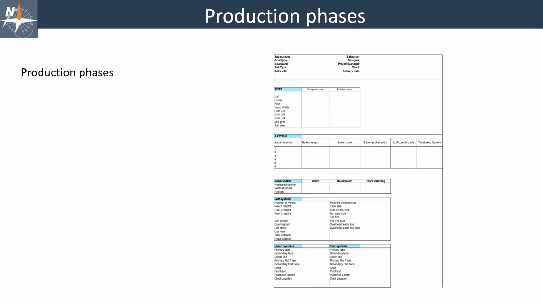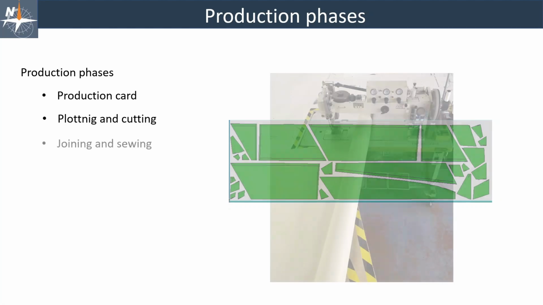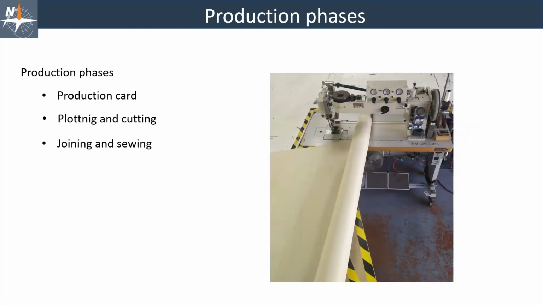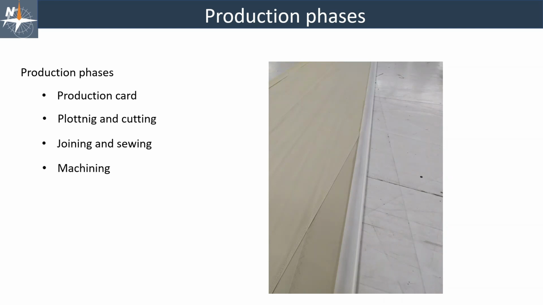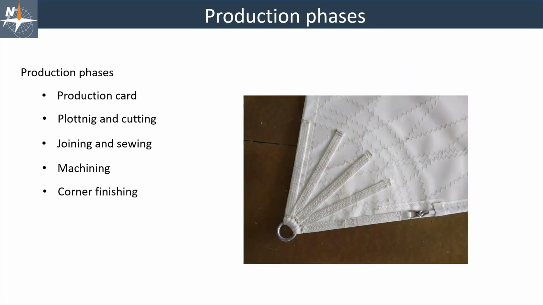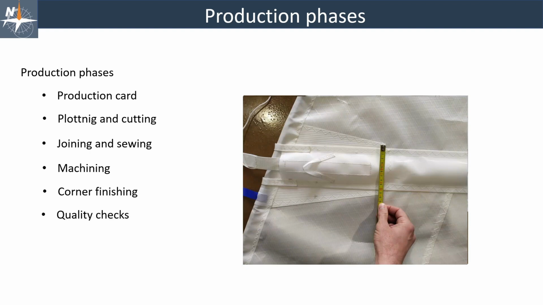Then the actual production of the sails takes place in different phases. So we had the plotting and cutting of the material, the joining and sewing of the sail panels, the machining, where with this term I refer to adding the tapes, boltrope, leech lines, and so on, corner finishing, and finally the final checks of the sail.